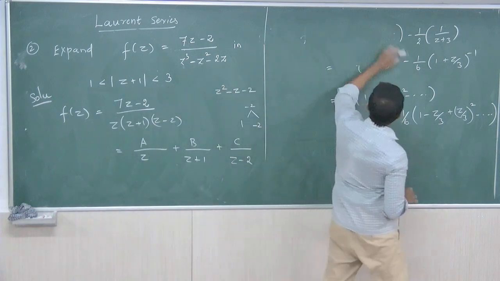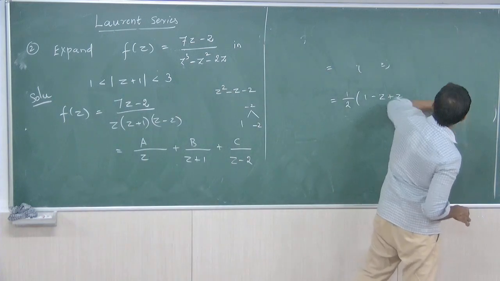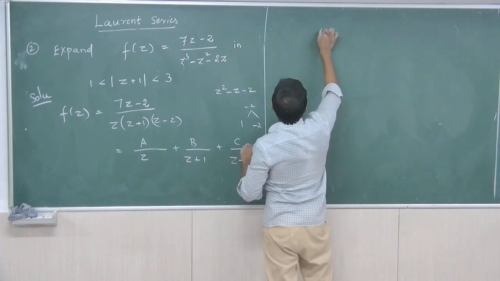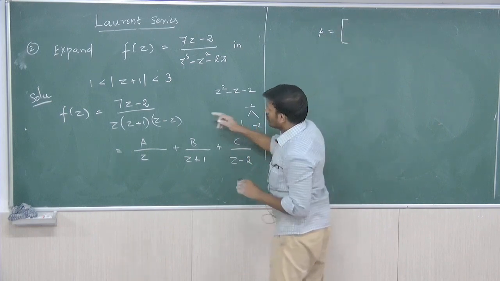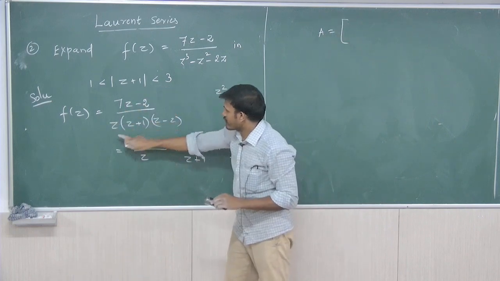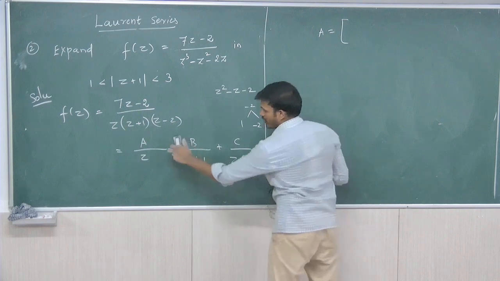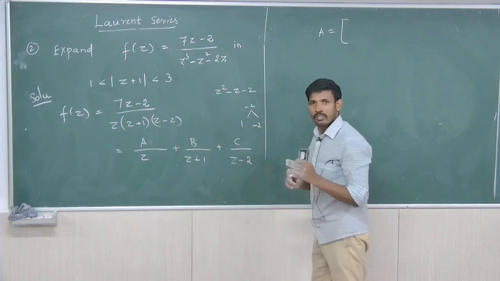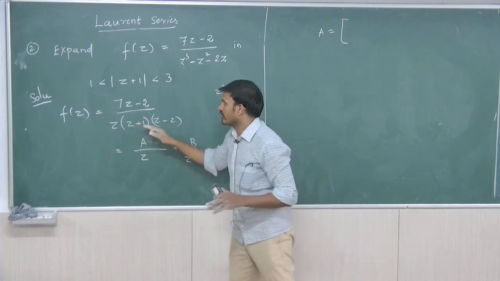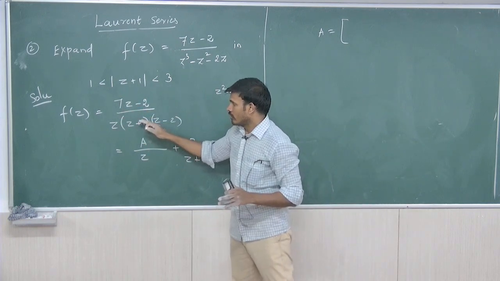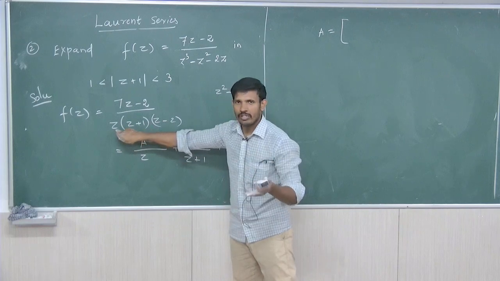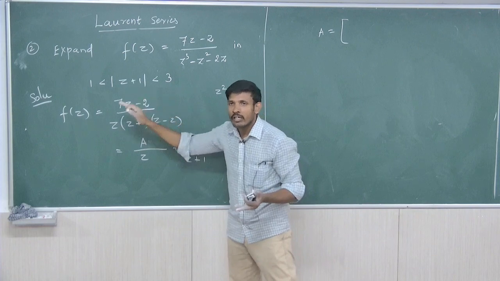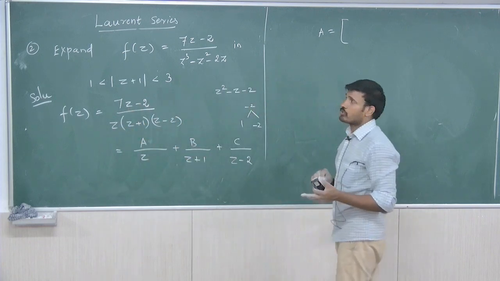If the factors are different, for A you write all the terms except z, because we are going to find the A value and the denominator of A is z. For what value is z equal to 0? Only 0. So you have to substitute z equal to 0 in the remaining expression.